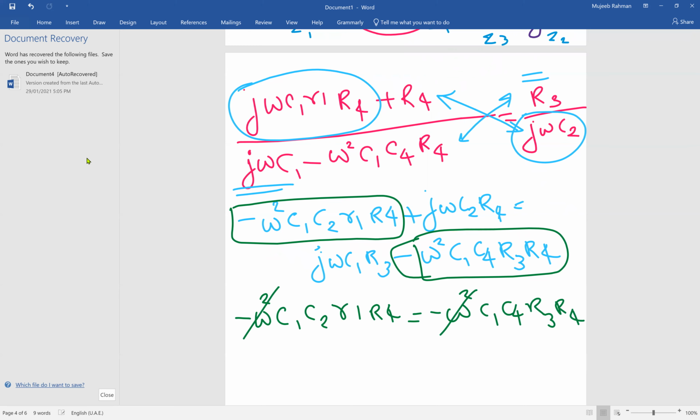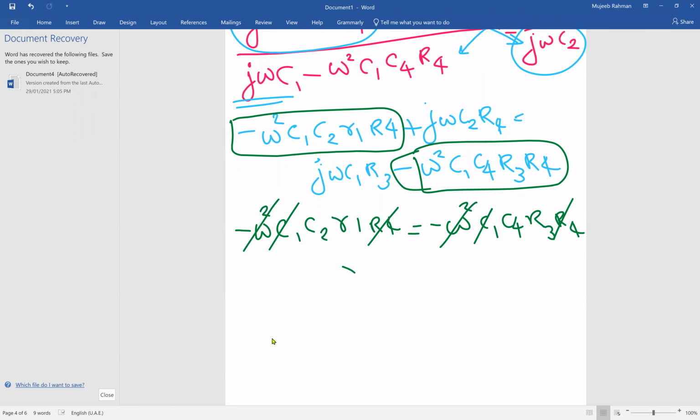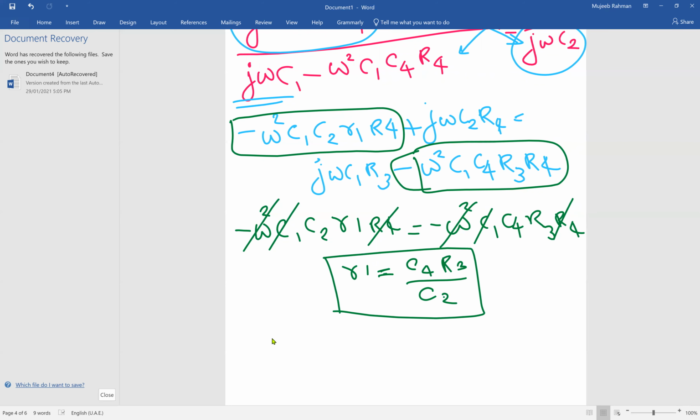Some of the common terms, omega square and C1, get cancelled. Then we end up with R1, the unknown resistance, equal to C4 R3 divided by C2. This we got when we matched the real terms on both sides.